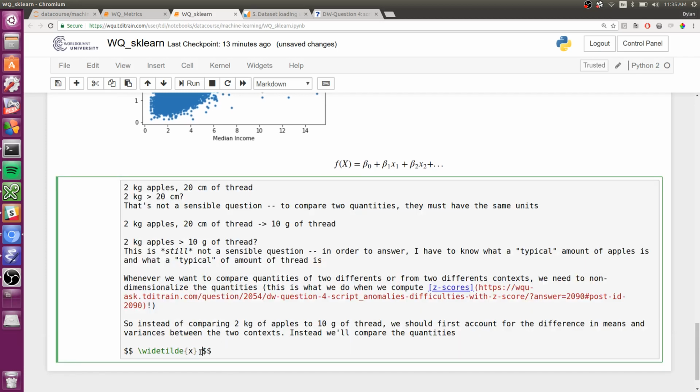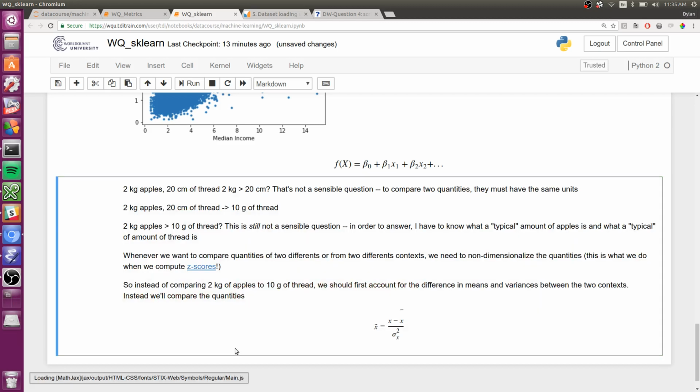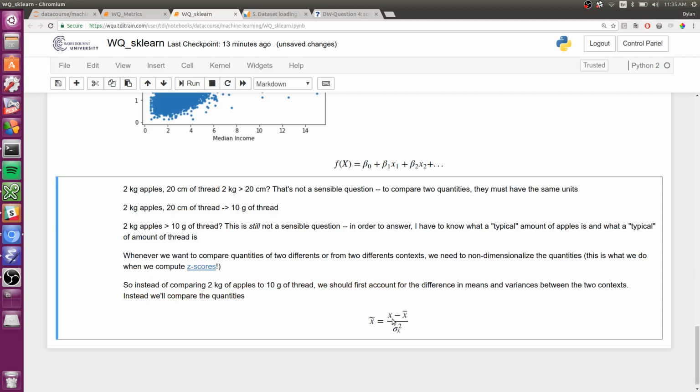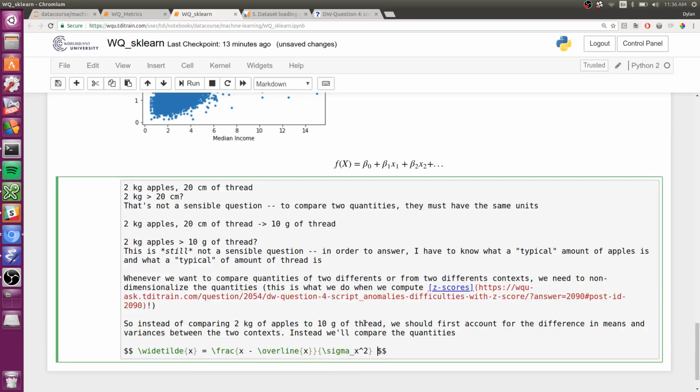So what we'll do is subtract off the mean from the measurement and divide by the standard deviation.